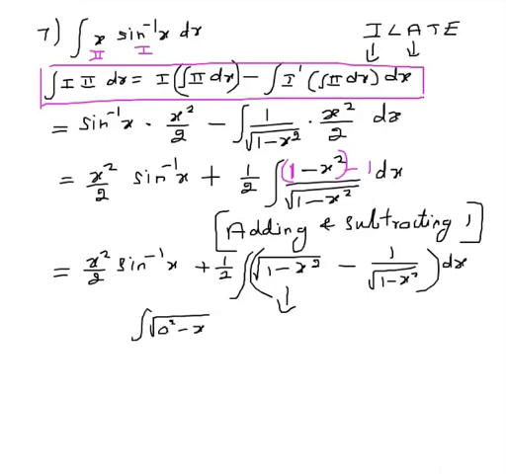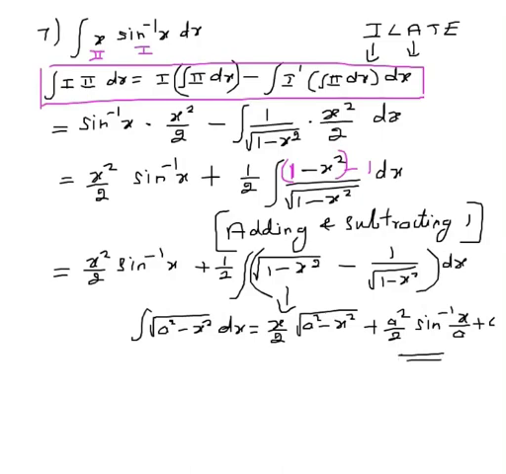Integral root of a square minus x square dx is x divided by 2 root of a square minus x square plus a square divided by 2 sine inverse of x by a plus c. This formula can be written in terms of sine inverse of x by a, or in terms of cos inverse also it can be written.